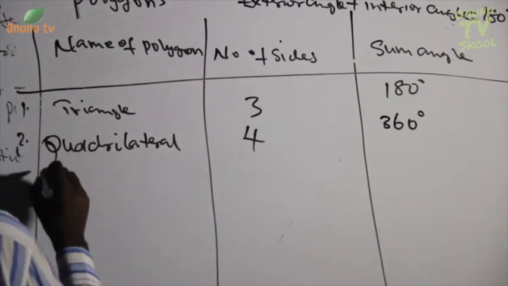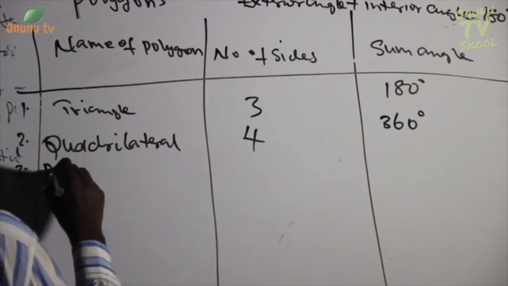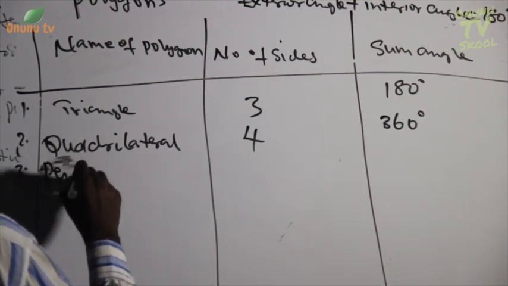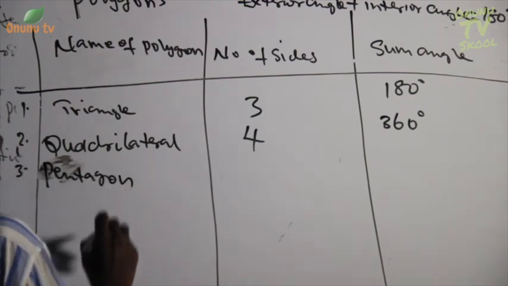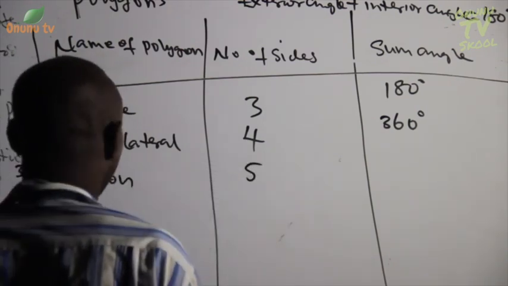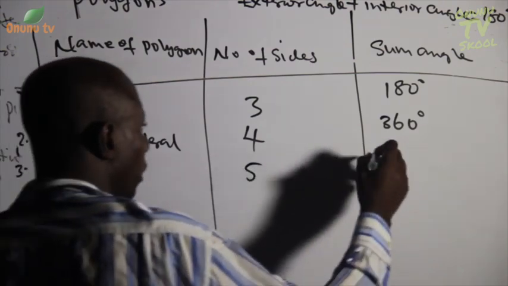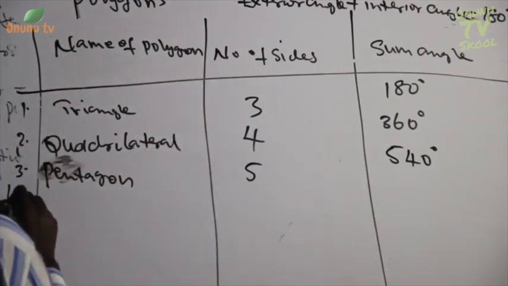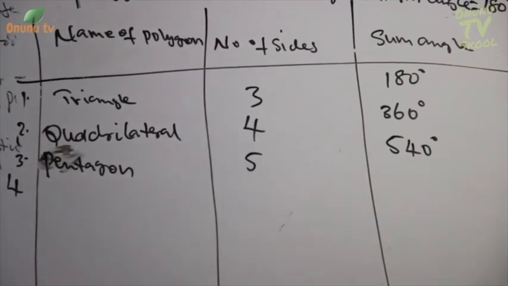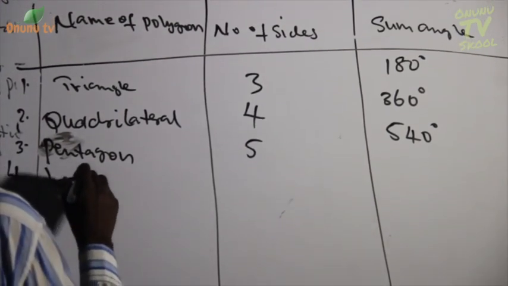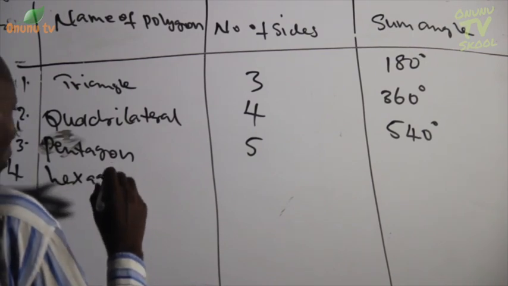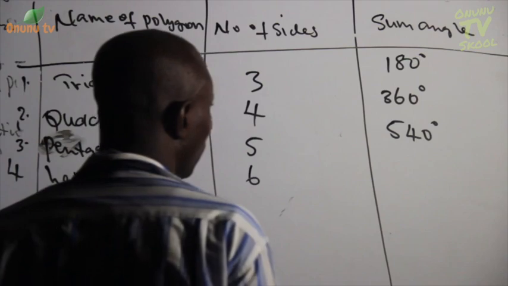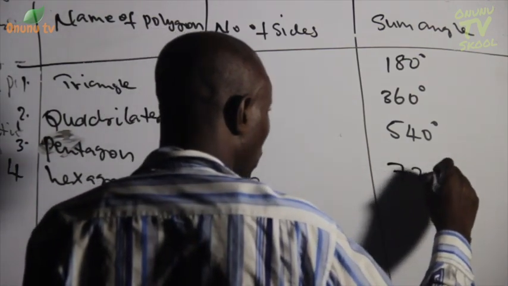Number 3 is pentagon. Number of sides is 5. Sum angle is 540 degrees. Number 4 is hexagon. Number of sides is 6. Sum angle is 720 degrees.